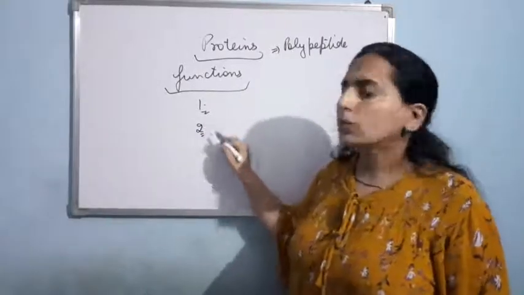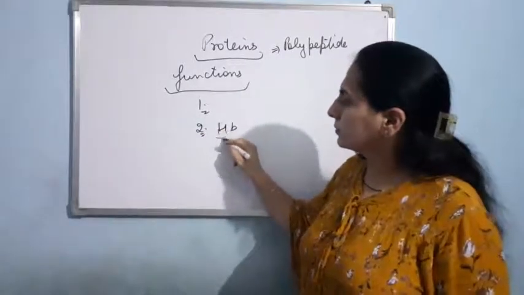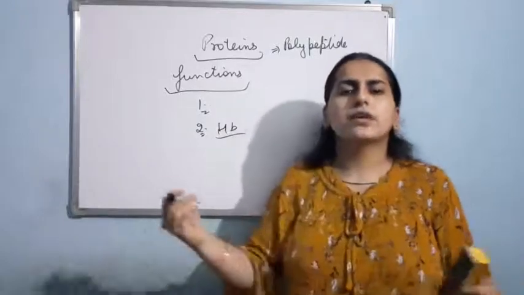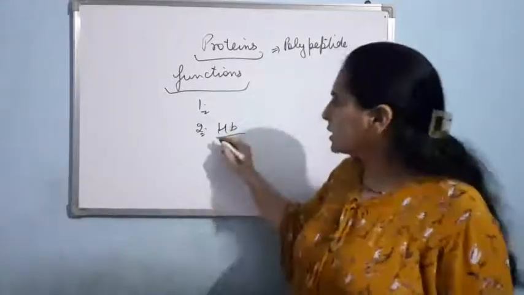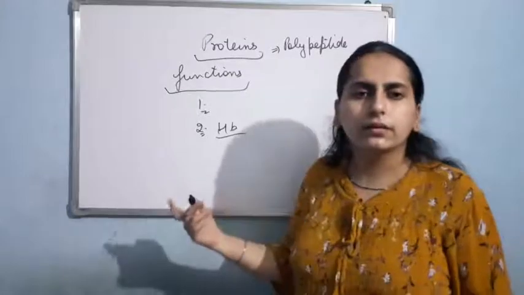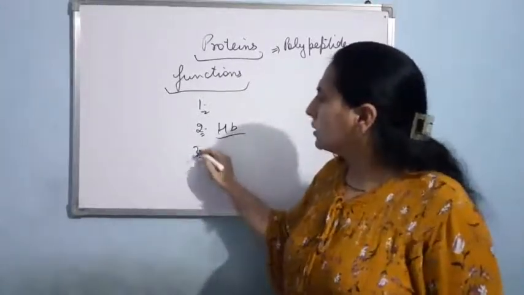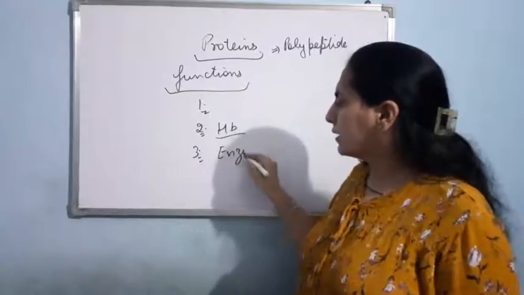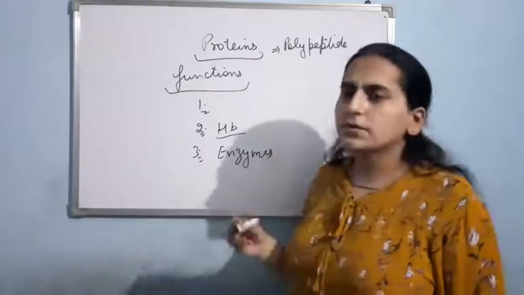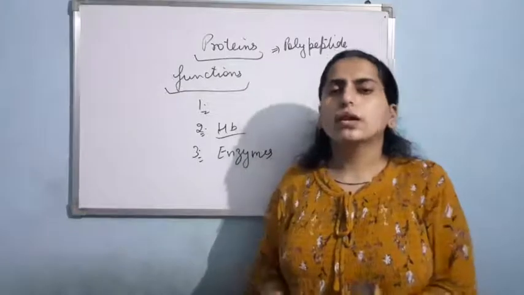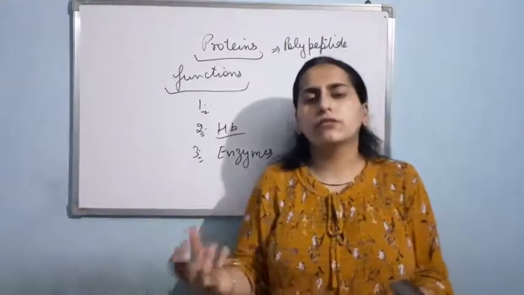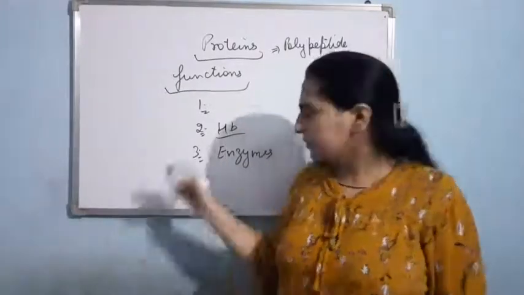Second, you have read about hemoglobin. Hemoglobin helps in the transportation of oxygen. This hemoglobin is again a protein. Clear? Third, proteins are used as enzymes. You have read enzymes are proteinaceous in nature. So there are a few proteins that increase the rate of reaction. They are enzymatic in action.